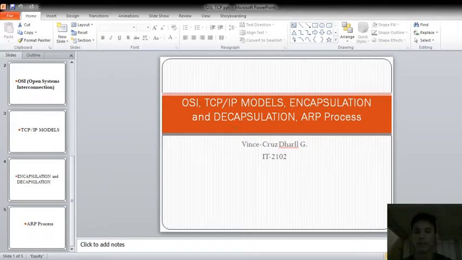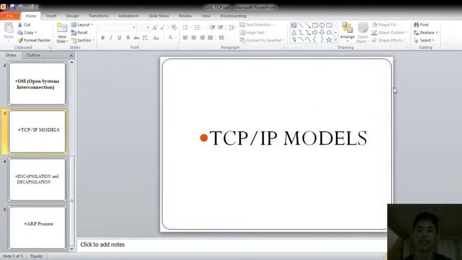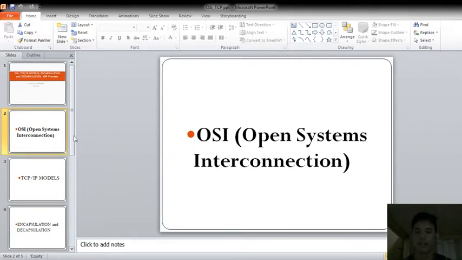So first thing that we're going to discuss is the OSI, or the Open System Interconnection.